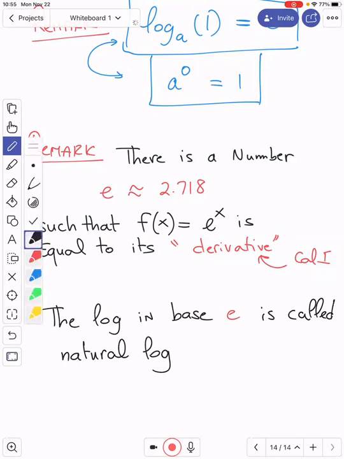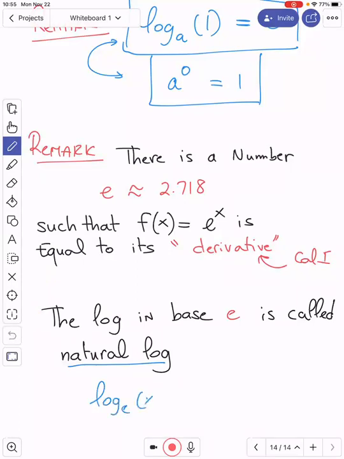The notation for natural log: log in base e of x is actually denoted by ln of x.